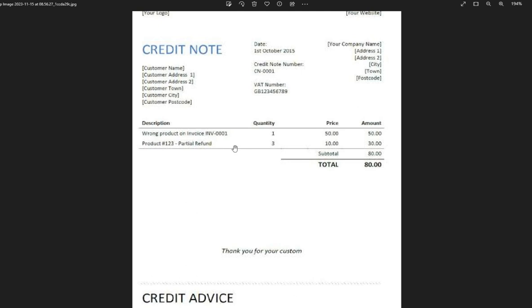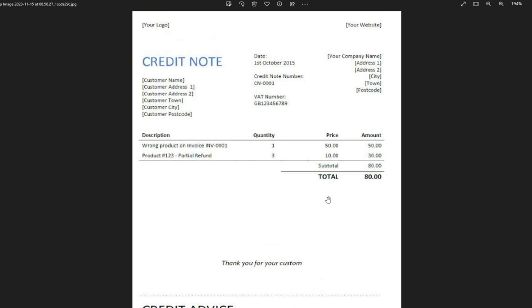Okay, the description: what has happened, why the sales is returning, or why the purchase is returning. Proper details of the description, the quantity which is refunded, the quantity of that particular product, price per product, and total amount, everything properly will be explained in the debit notes and credit notes issued.